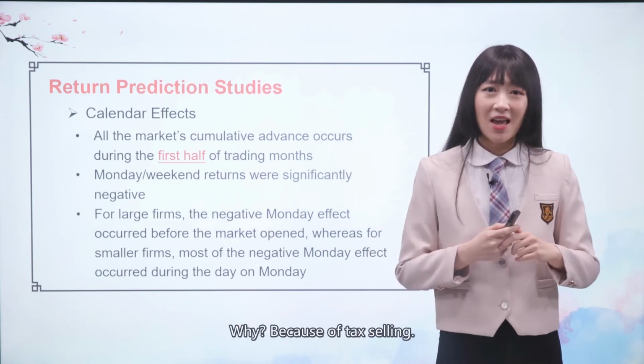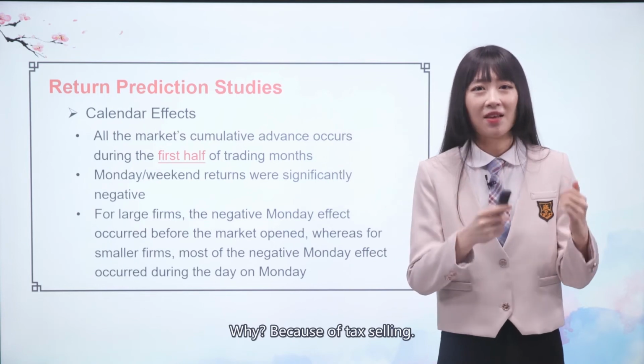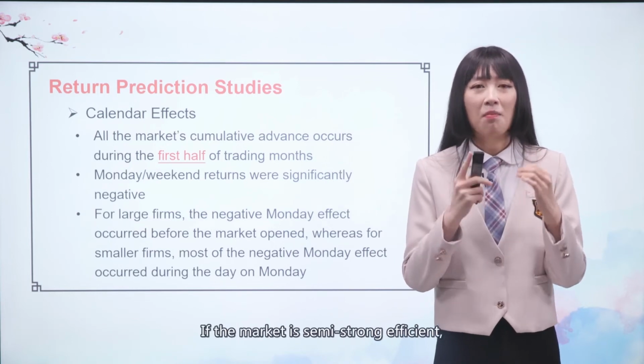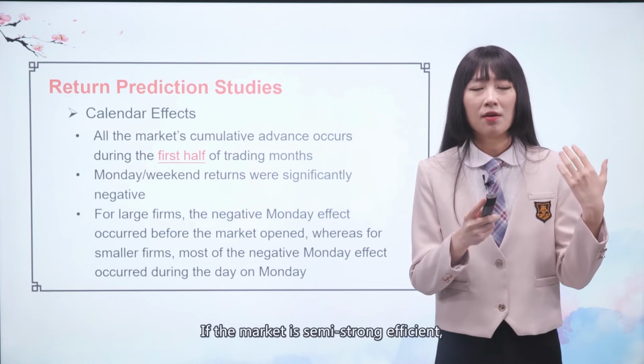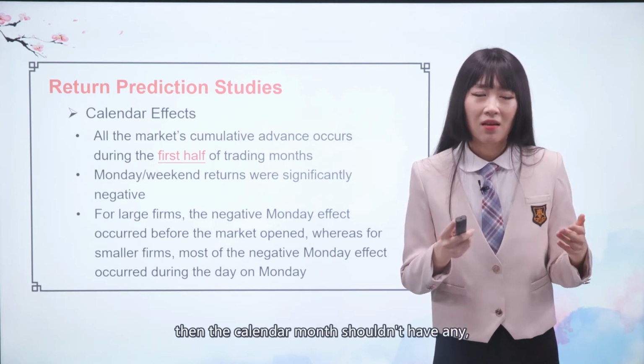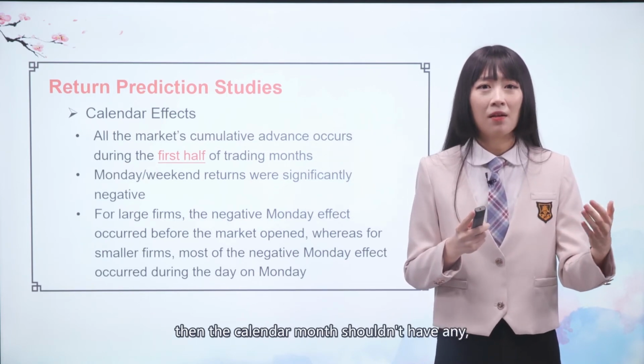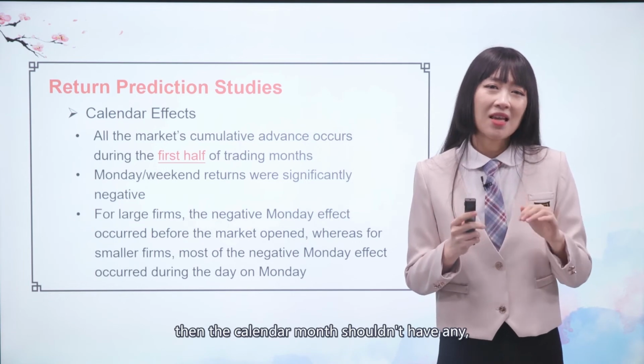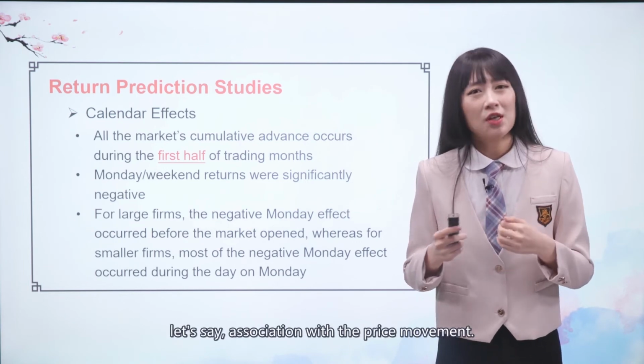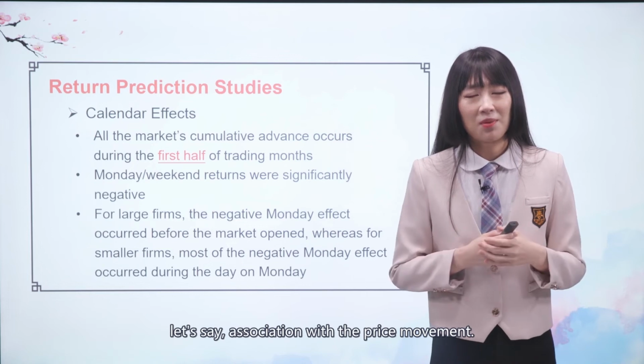Why? Because of tax selling. If the market is semi-strong efficient, then the calendar month shouldn't have any association with the price movement.